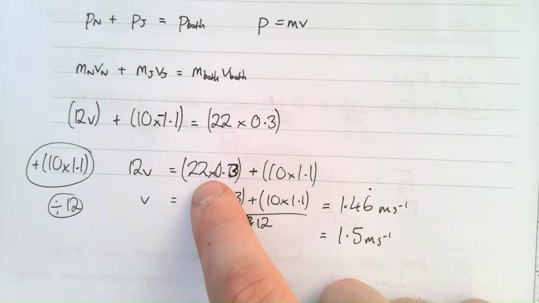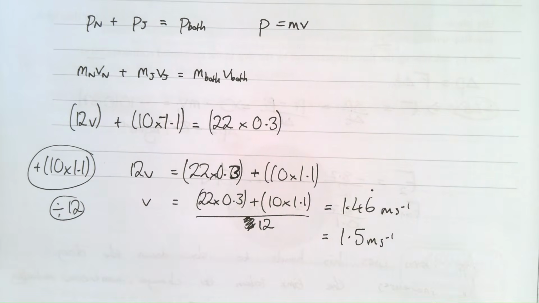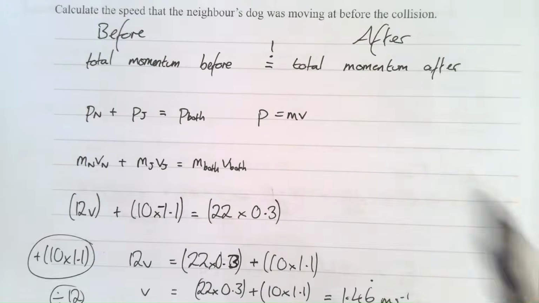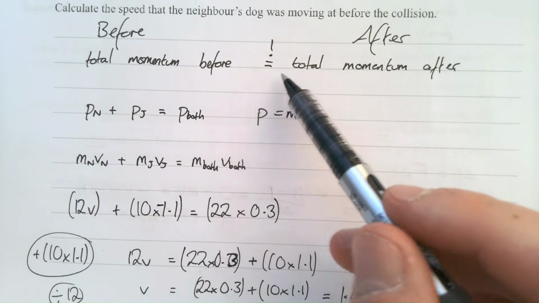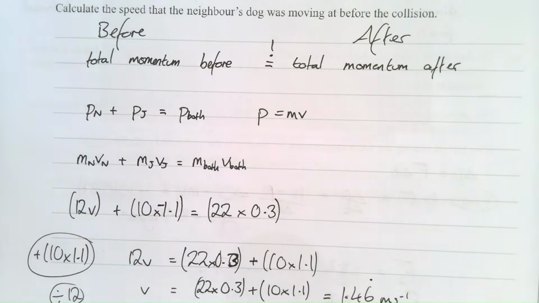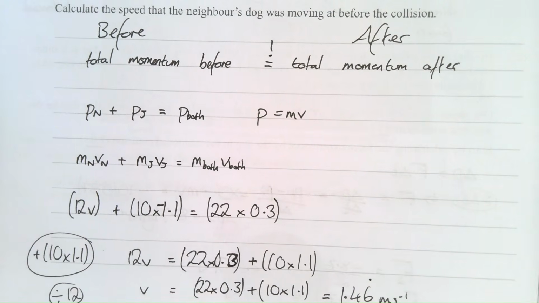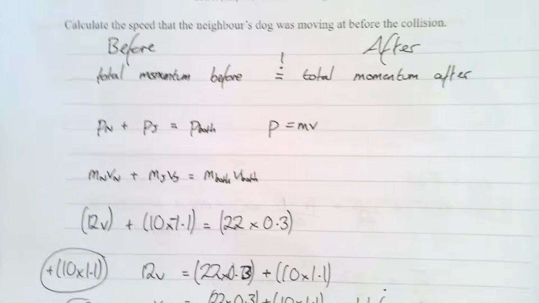But it's always a good idea, if you're unsure if you've done the merit excellence bits correctly, just to calculate your individual momenta. Okay, and again, this law stated is needed for merit and excellence. So same with any question where you're invoking a physics law, make sure you write it down. And then that was question 1.